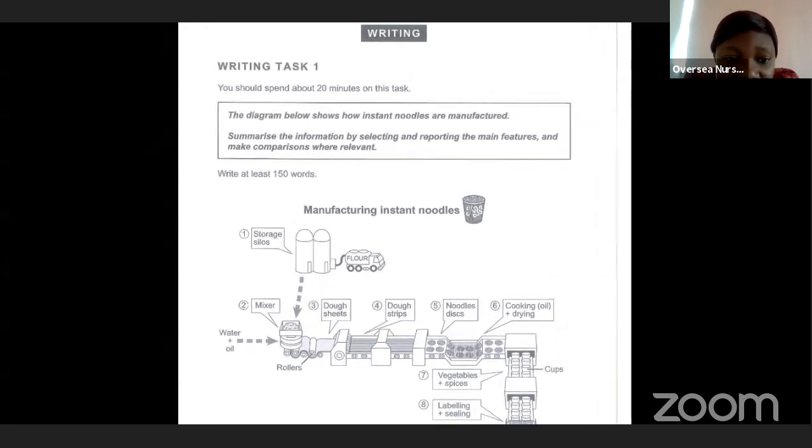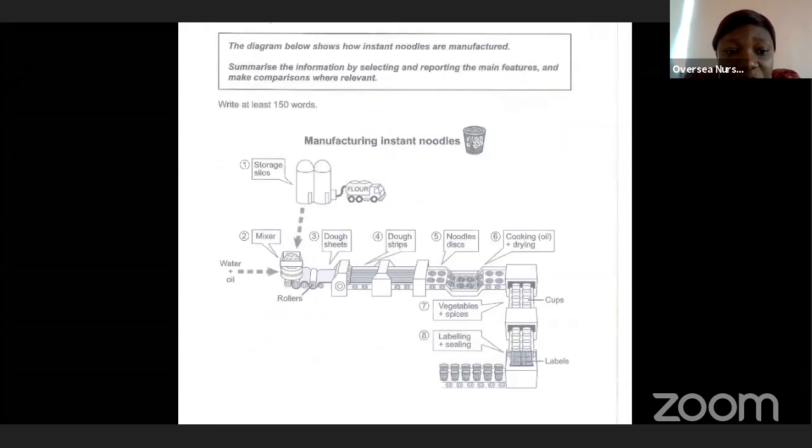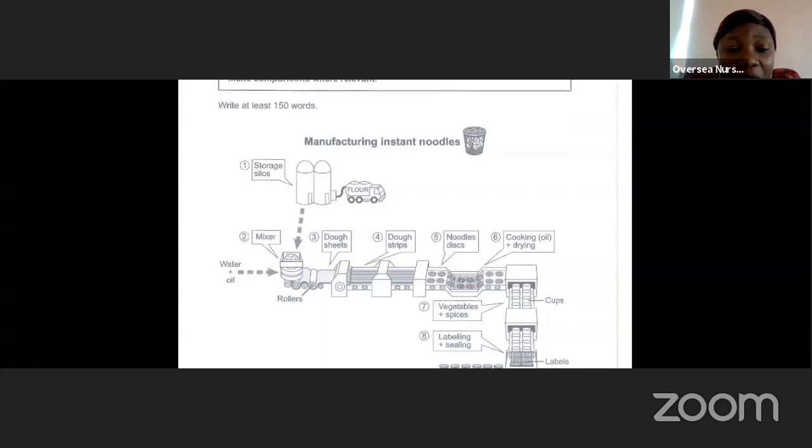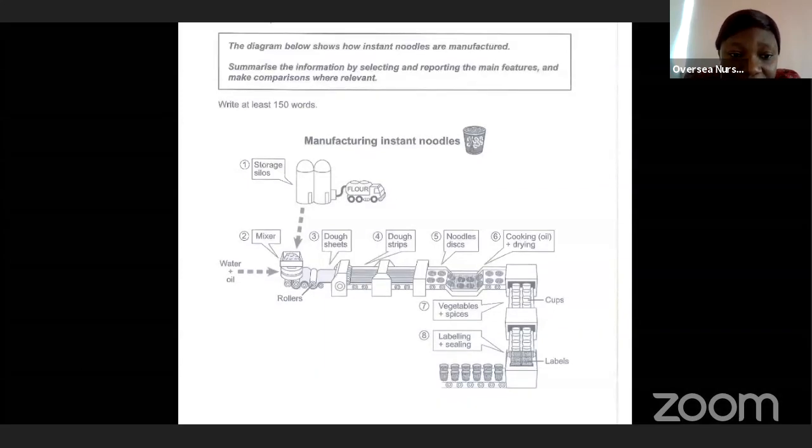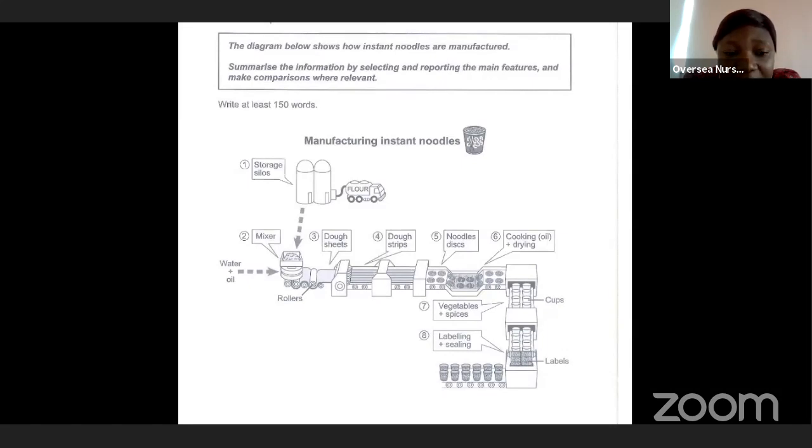So if you begin from storage, from where the flour is put into the silos and then mixed with water and oil, made into dough sheets. The dough sheets now proceed through a machine to make strips.